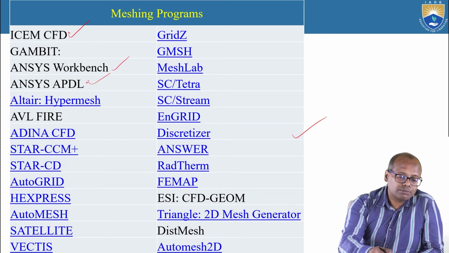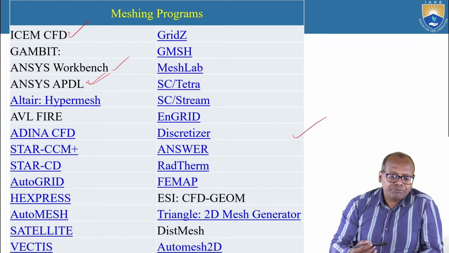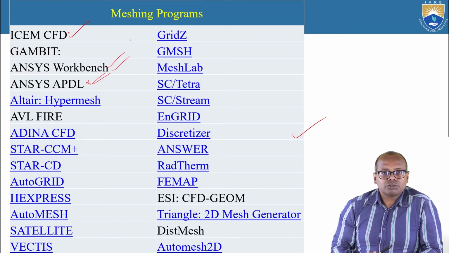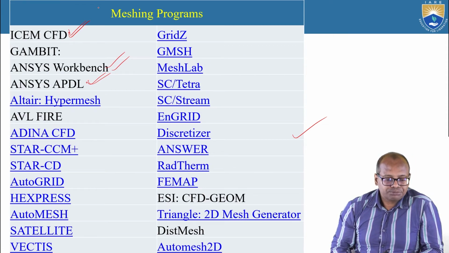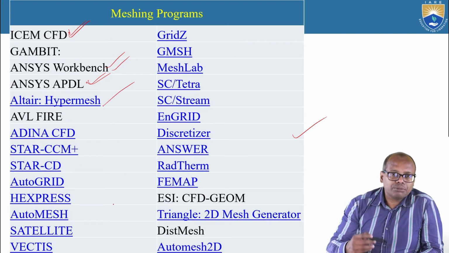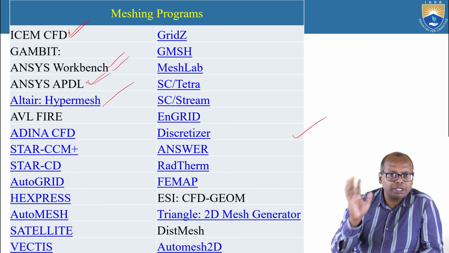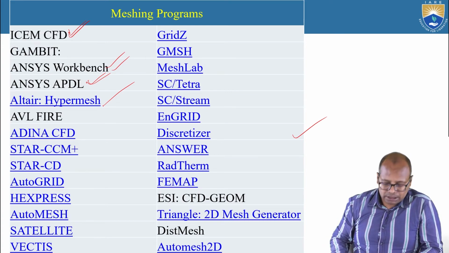ANSYS APDL is used for stress analysis. This one is used for both stress and flow analysis, and this one is generally used for flow analysis. And there is HyperMesh. There are many meshing tools, and these are only a few I have listed.